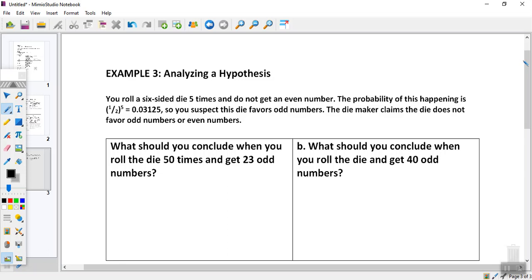Well, guys, I'm just going to tell you right here, the probability that you would roll an odd on any die, my friends, would equal what percent? 50%, right? Okay? Guys, in this example right here, they say you rolled the die 50 times, and how many times do you get an odd? 23. Somebody take 23 and divide it by 50.